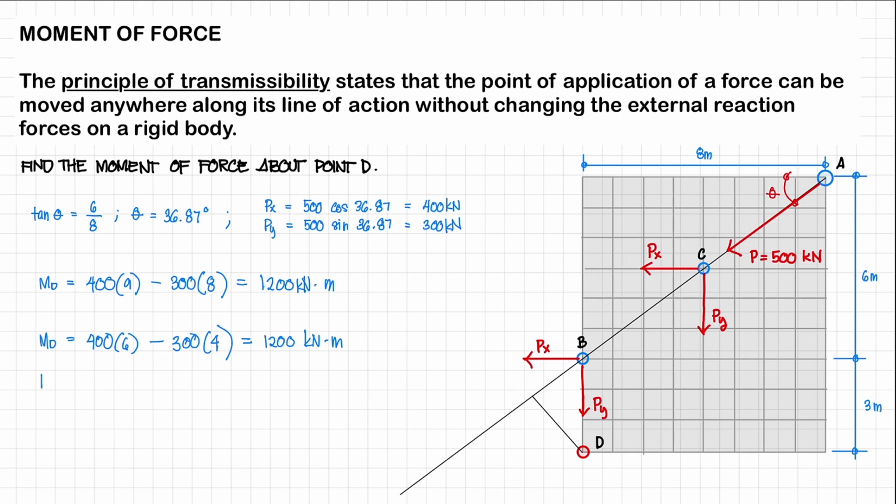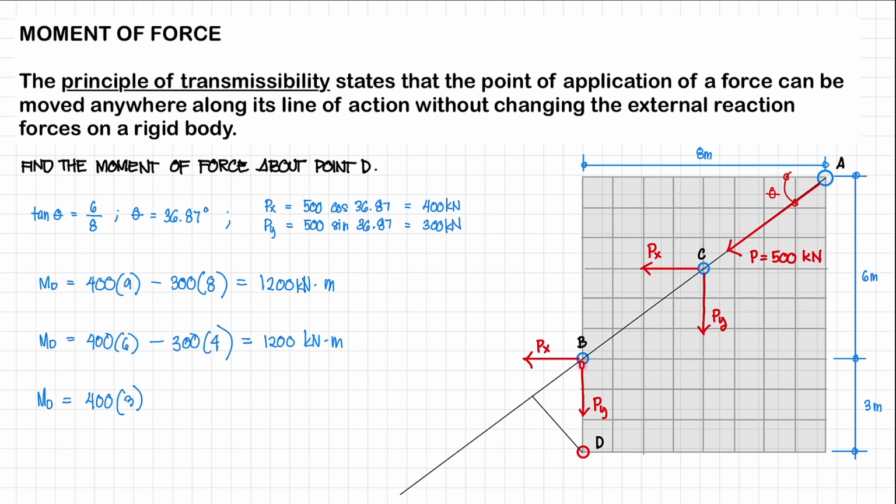So at point D, our moment is going to be, first let's consider our Px. Again, it's going to rotate in a counterclockwise rotation. And our perpendicular distance is going to be 3 meters. So we have positive 400 times 3 meters.